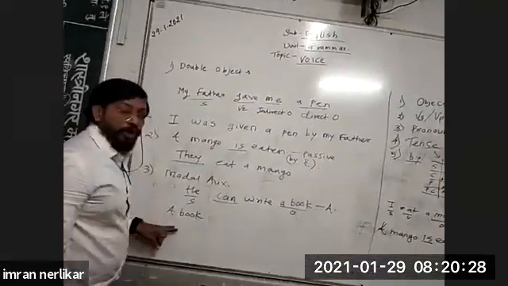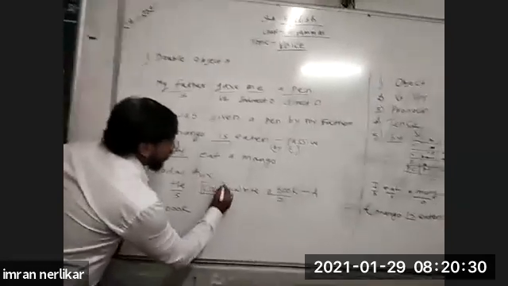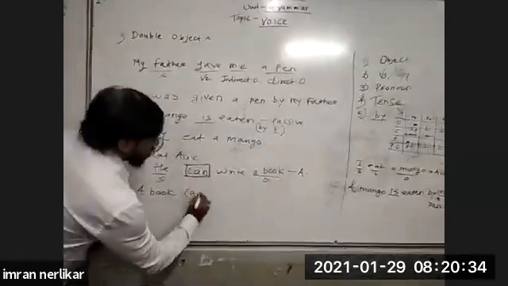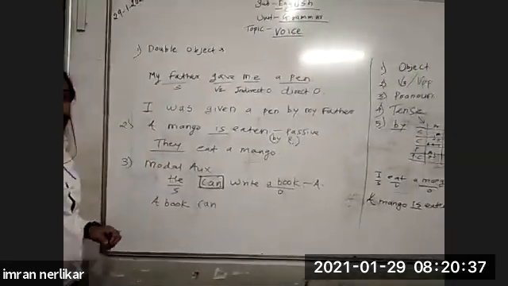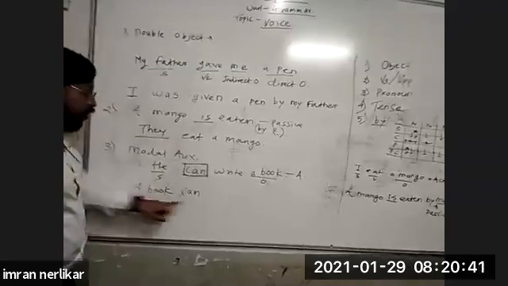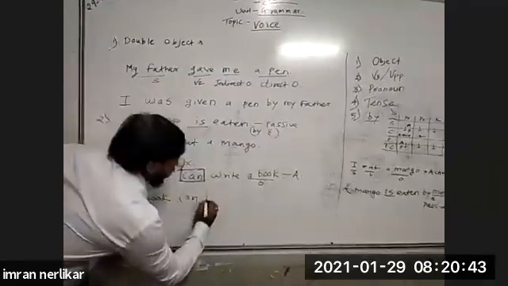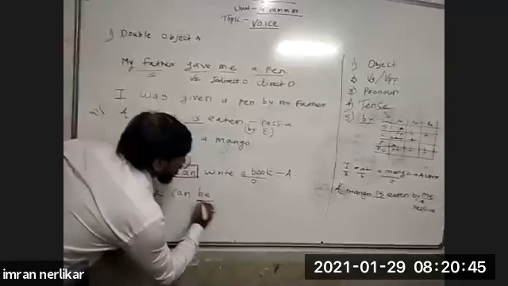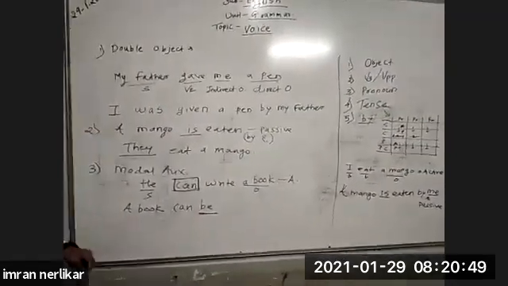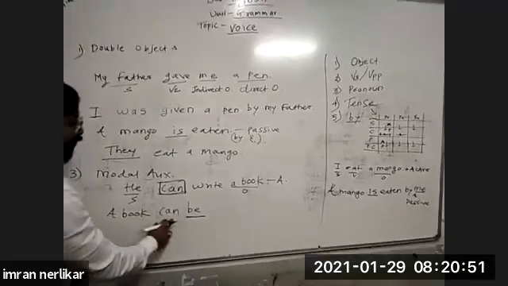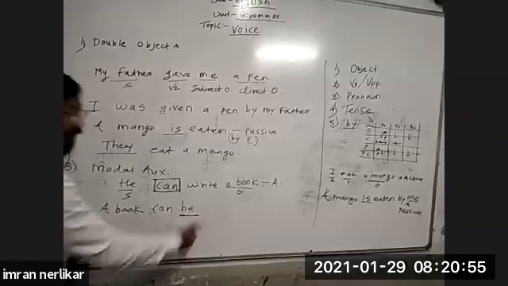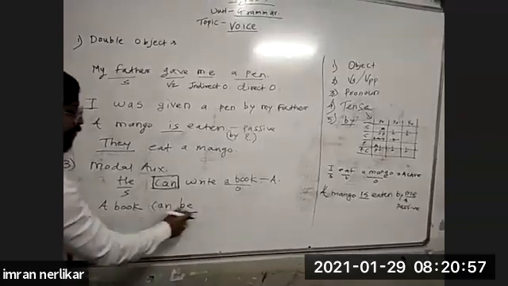Now after this, the modal auxiliary, the helping verb which is used here, take that same helping verb. A book can. After this, always take be after the modal auxiliary verb. A book can be.